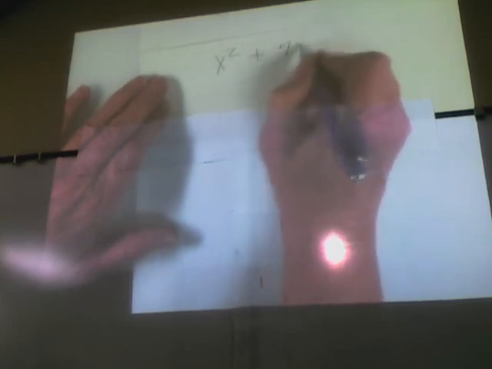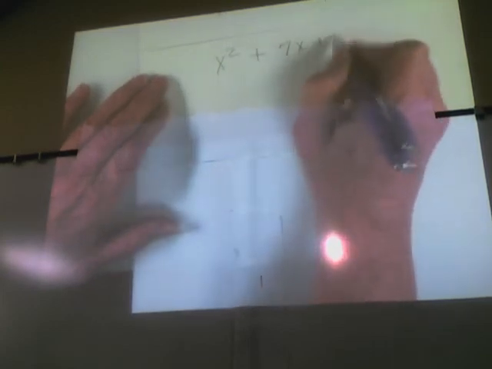Okay, let's try one that we don't know what the answer is yet, okay? We'll start out with x squared plus 7x plus 10. Okay, let's list all the ways to get a +10.